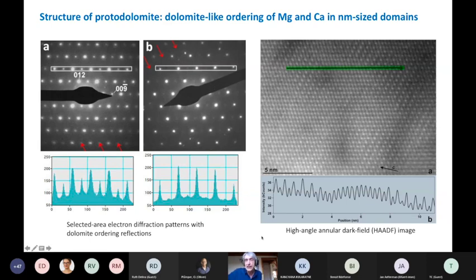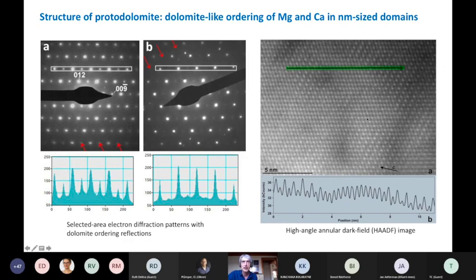Well, to see that, we took some high-angle annular dark field images where each of these dots represents a cation column in the structure. You see some double periodicity in this domain, whereas here you don't. So there are some ordered domains and less ordered domains.